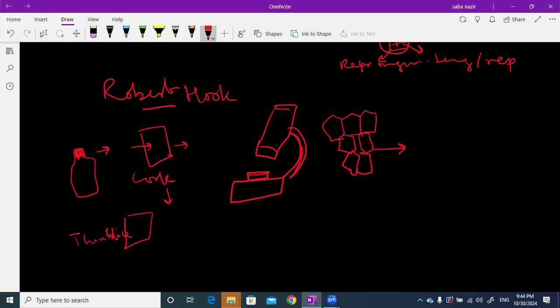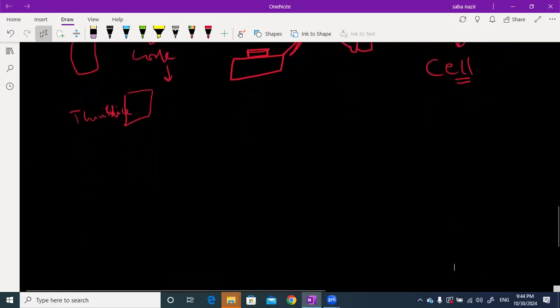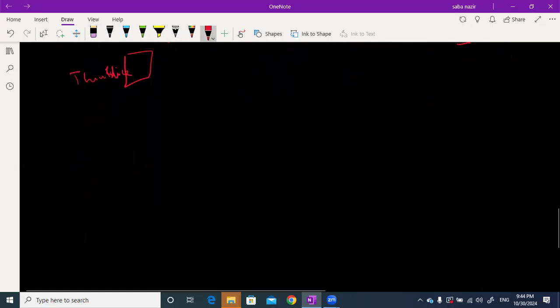So he used the term cellulae, which means compartments, and later on it was modified to the term cell. With the passage of time, with the development in the field of biology, more modern microscopes were developed, and later on the subcellular structures were identified.